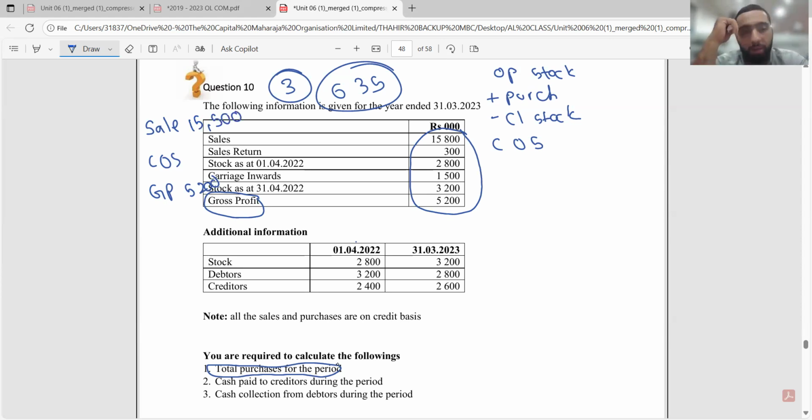Come on, quickly. Please put it in the chat box quickly. I was expecting answers from you all. This is a very simple question. You need to use your brains a little bit, that is when you can get the answers as soon as possible. I didn't get the answer. At least I want the cost of sales now. Very simple. Even a grade 5 student could make it. Quickly put it in the chat box.